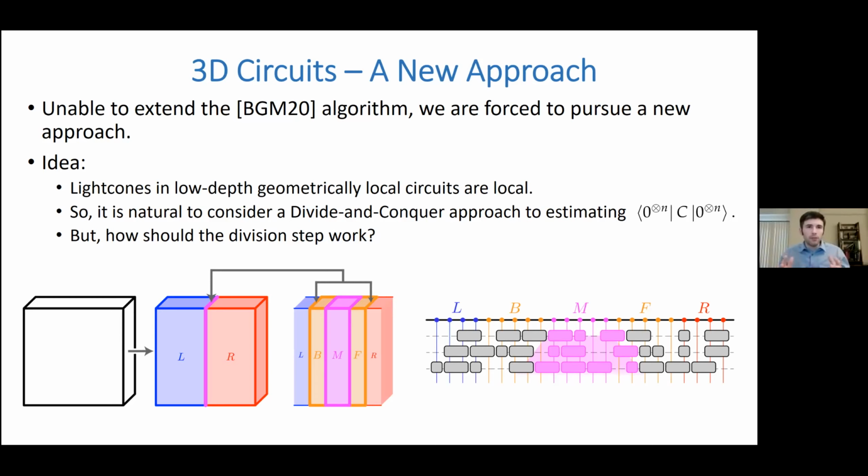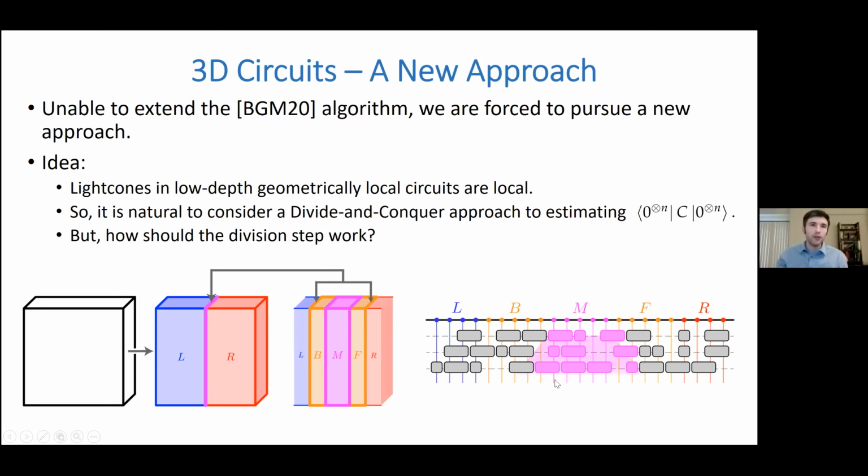So what do I mean by a light cone? Well, imagine you have this cubic circuit, and imagine cutting it in half with this purple slice. So it has a left half and a right half, and this purple slice of qubits. Qubits are laid out on this cube, and this slice contains a 2D array of qubits.